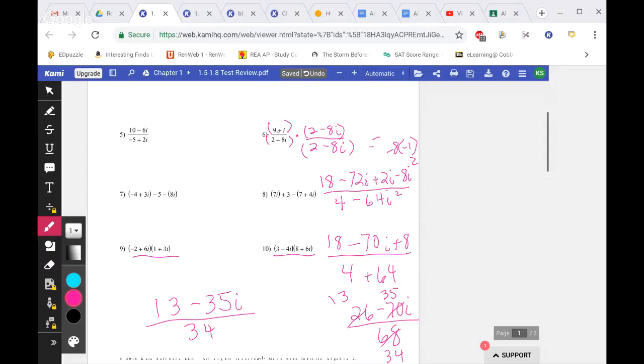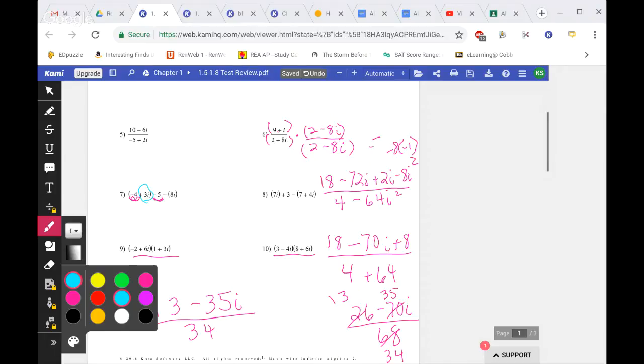And then how would you work out number 7? Number 7, you want to use great caution because you're combining terms. So what you're looking for, and I'm just going to go ahead and underline some of these. I'm going to take my real and underline those with pink. So this is my real number. And remember, in algebra, every sign has a number and every number has a sign.